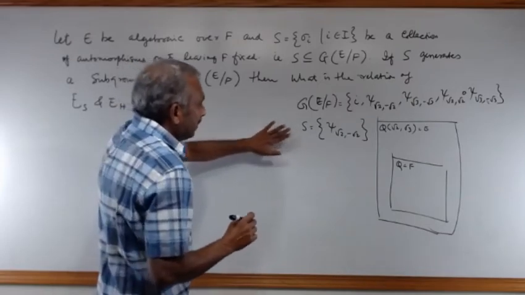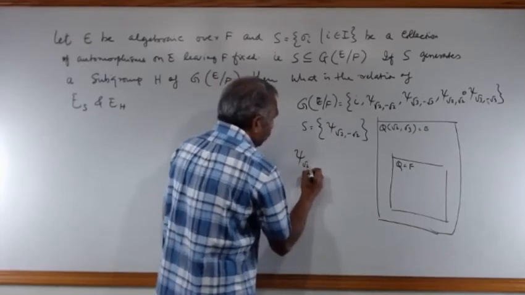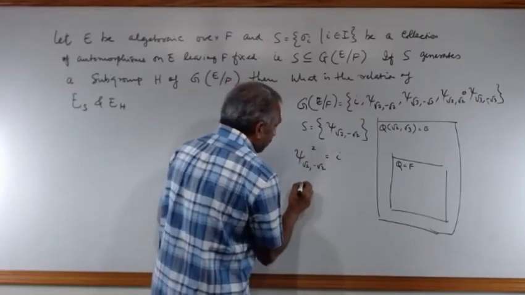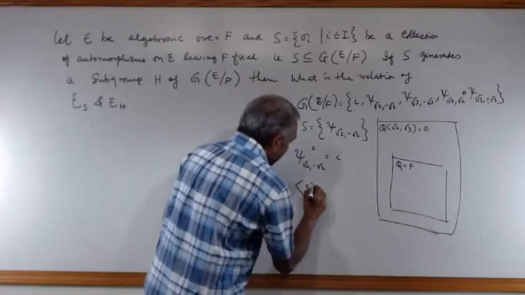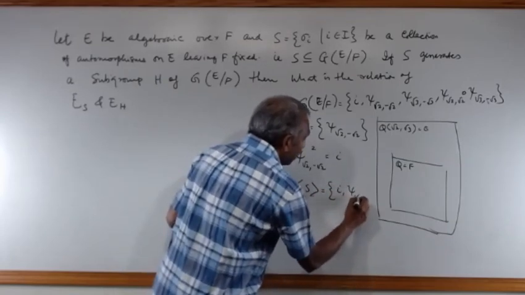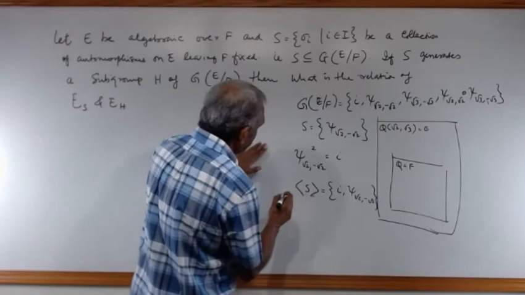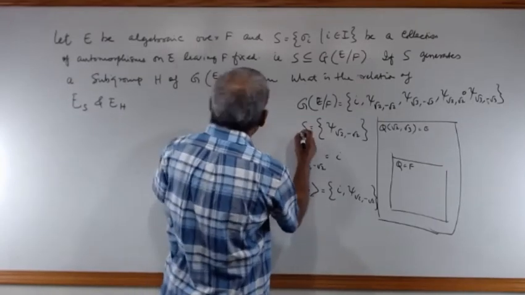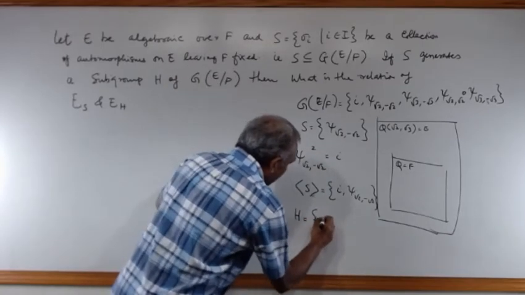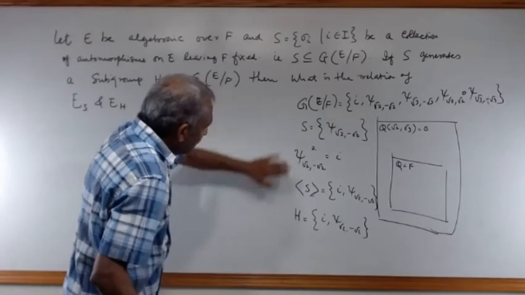And this generates, because psi of root 2 comma minus root 2 squared is equal to I. So the group generated by S is equal to {I, psi of root 2 comma minus root 2}. This is our S, and our H is this.